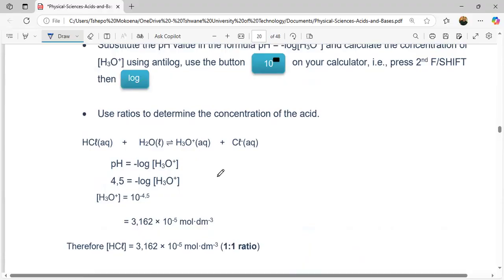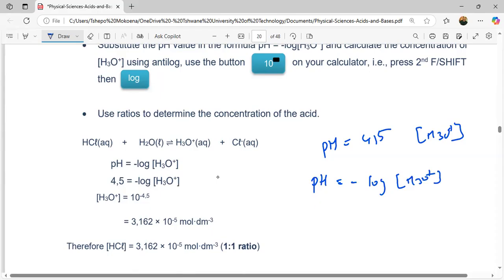Here's the thing. Let's say they give you a pH, like here it is equal to 4.5, and they want you to calculate the concentration. You're still going to use the same formula. You're going to say your pH is equal to negative log H3O plus. Then the pH is 4.5. We are looking for the concentration.